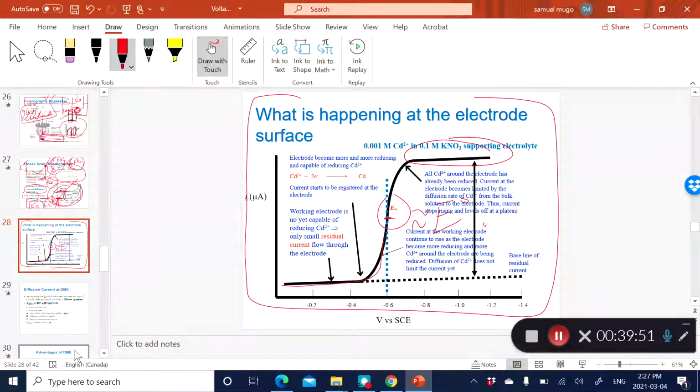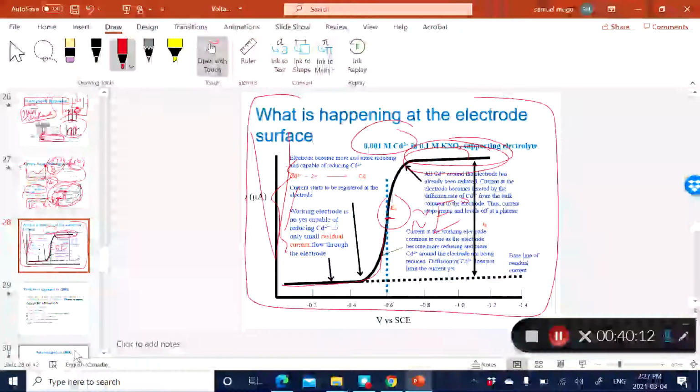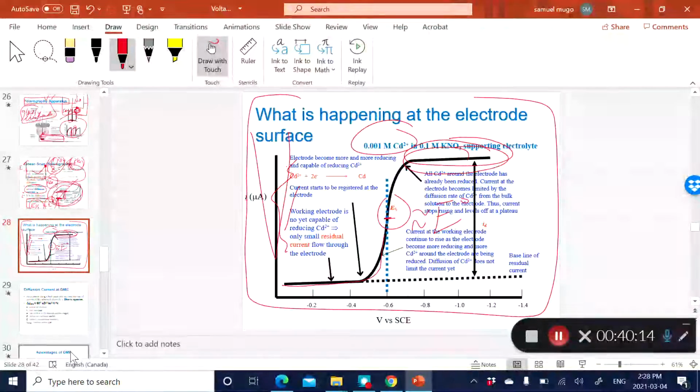And then after you deplete all the analyte, in this case, say cadmium, which is what you're trying to analyze as an example, cadmium gets depleted from the electrode surface. And because of that, the current plateaus off, and that becomes sort of the end of your photometric signal.